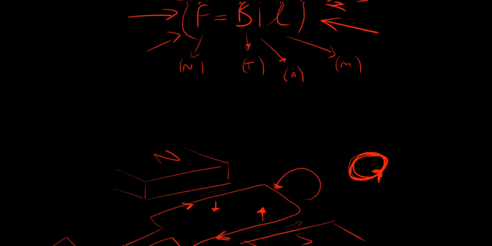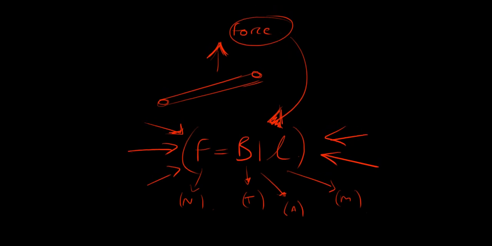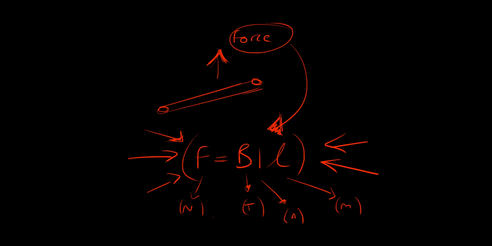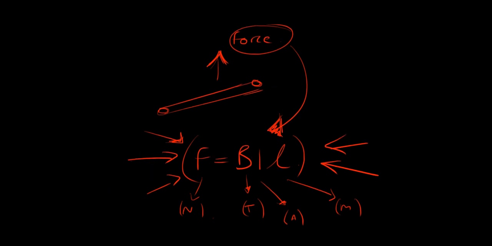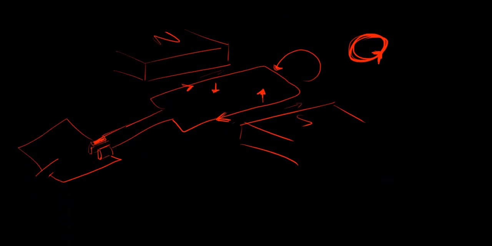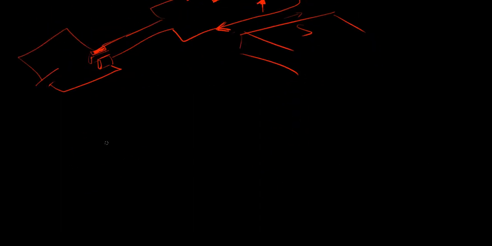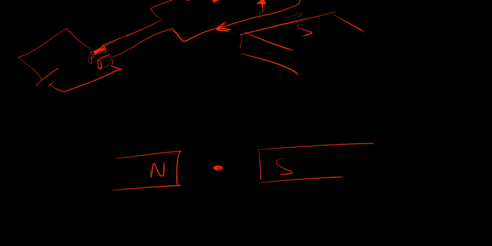Basic idea is that a force is exerted on a current carrying wire. You can induce current in a wire based on movements through a magnetic field, and the movement has to be perpendicular. Well, it doesn't have to be, okay, so wait a minute, let me show you. A current carrying wire will experience a force if it's perpendicular to the field.